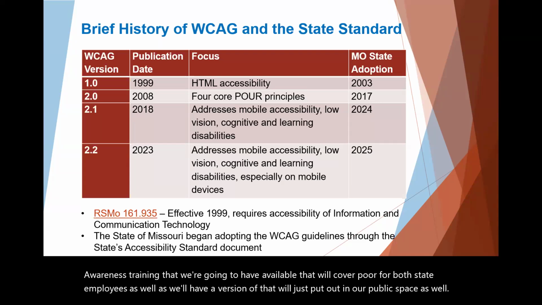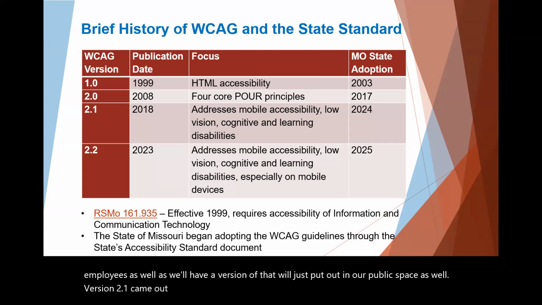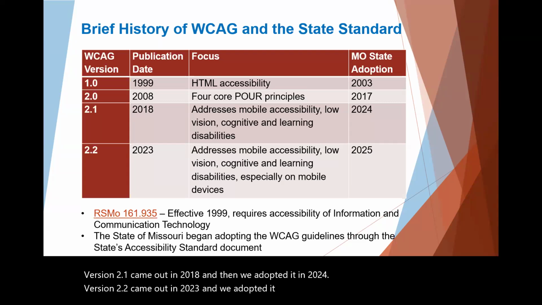Version 2.1 came out in 2018, and then we adopted it in 2024. Version 2.2 came out in 2023, and we adopted it in 2025.